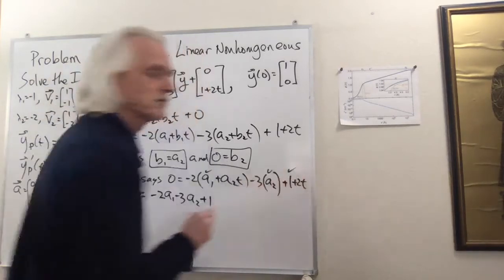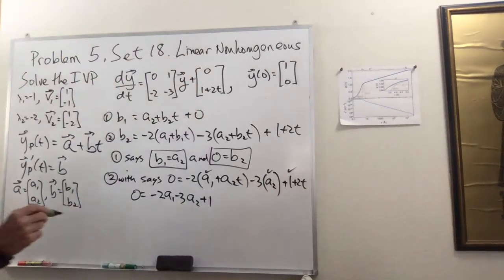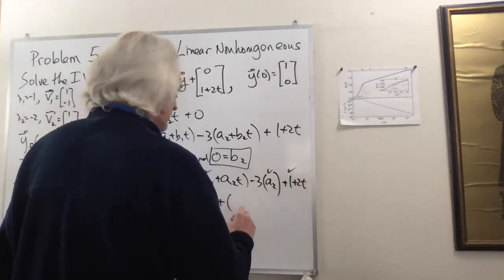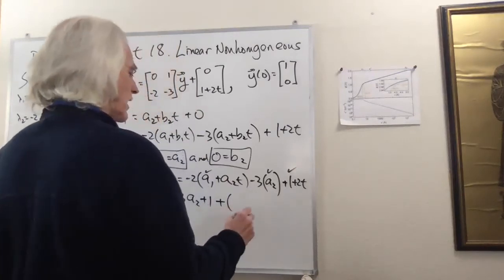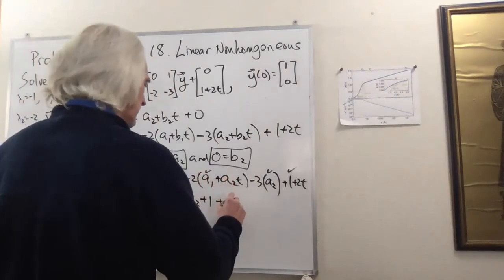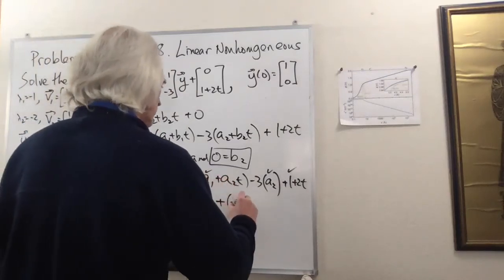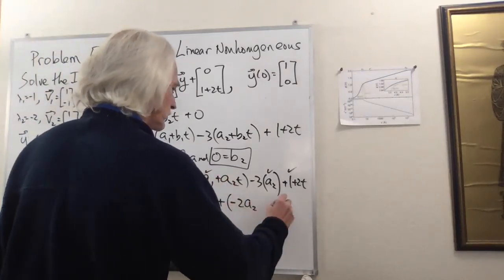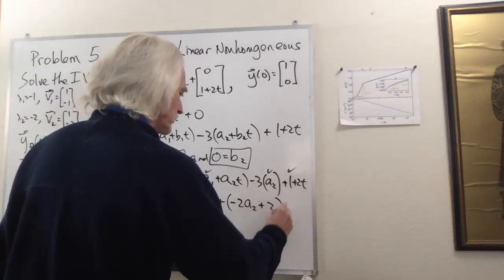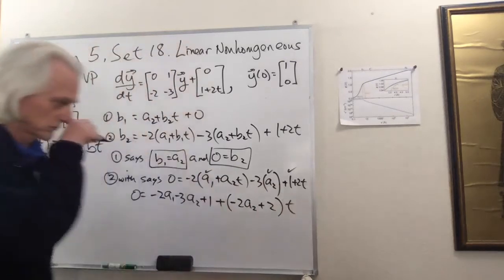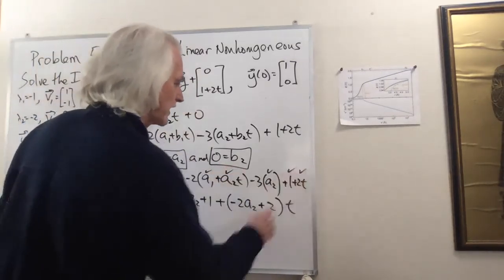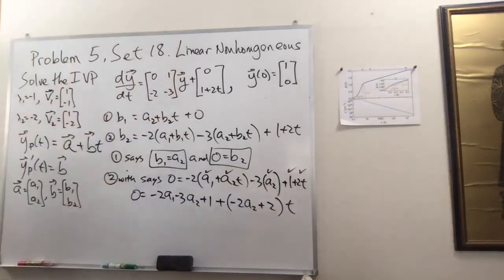Now let's get all the terms that have t's in them and group them together. So I get negative 2A2 times t plus 2 times t. Okay? So I've taken care of everything.